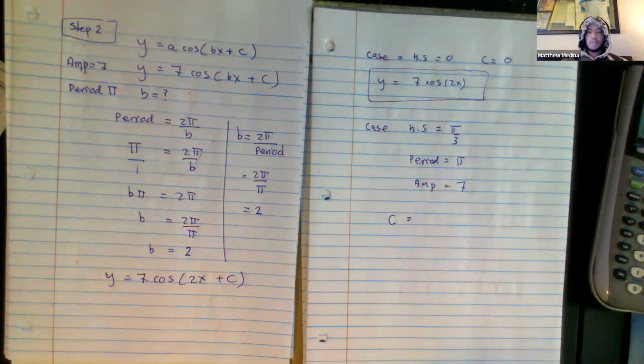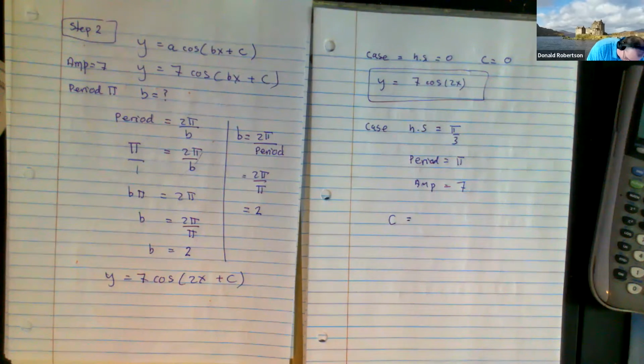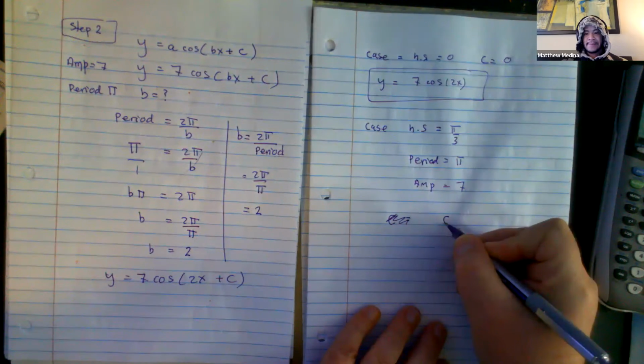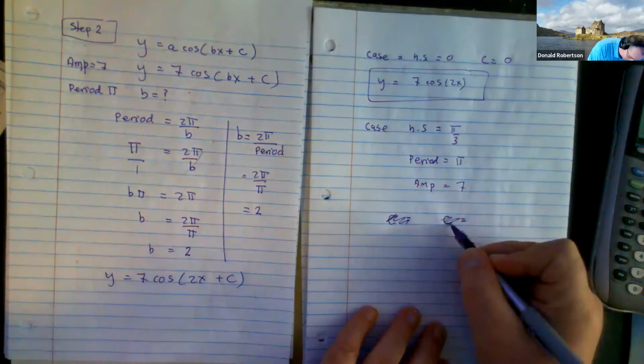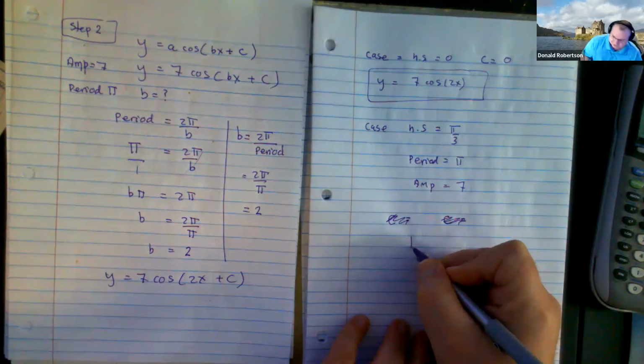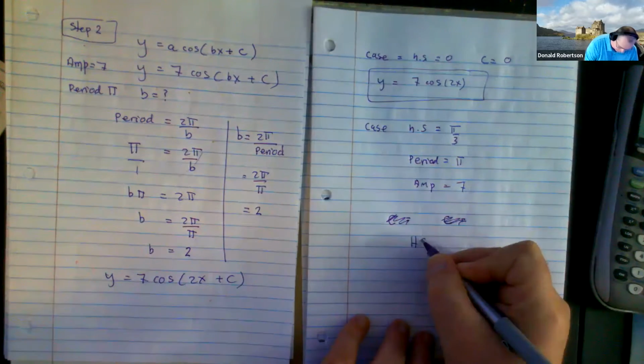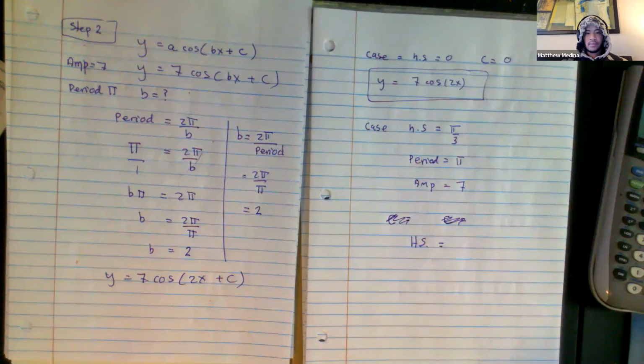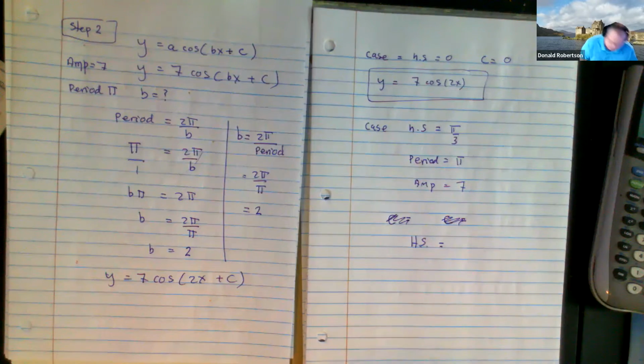I mean, the horizontal shift is B over C. So wouldn't we have to find the period first and then plug that in? Let's see. The formula for C, let's call it the formula for the horizontal shift. What was the formula for the horizontal shift? Can anybody remember how you got it? It's C over B. It was C over B, agreed?